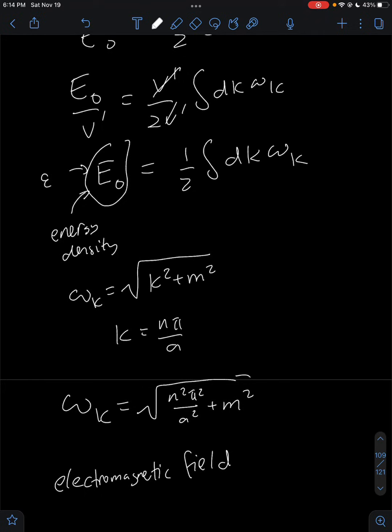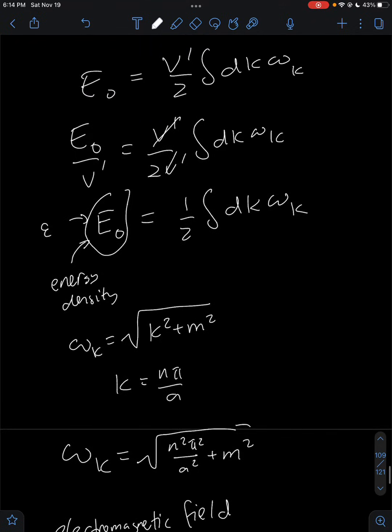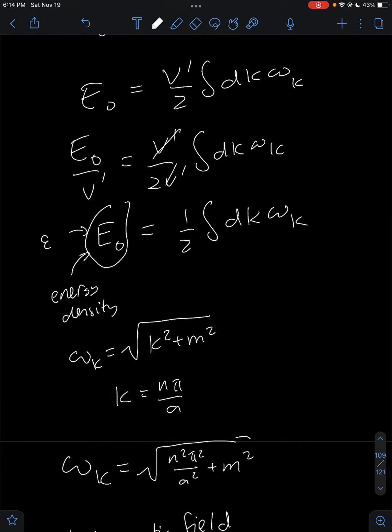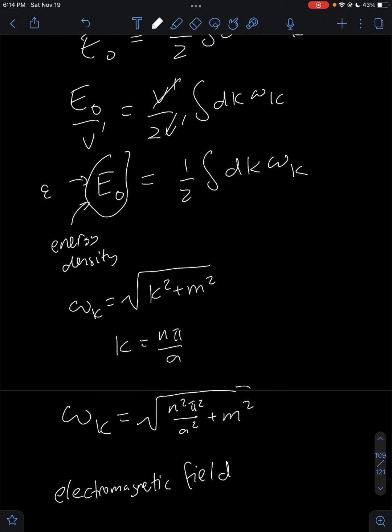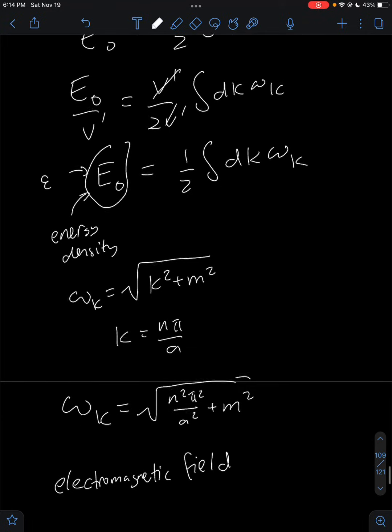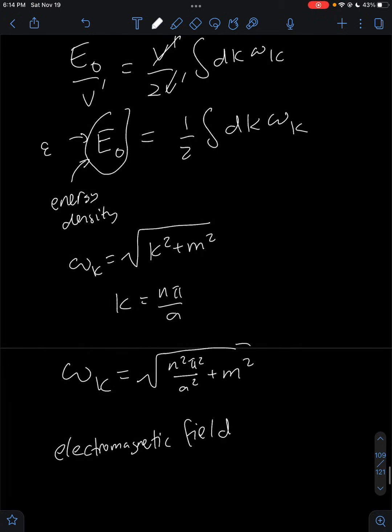That's their whole shtick, like E and M, right? So we should be considering the electromagnetic field here instead of the scalar field. The only real life application of the scalar field that we know of so far is the Higgs field, and to approximate some other fields. So for a real life scenario, we should be dealing with the EM field.